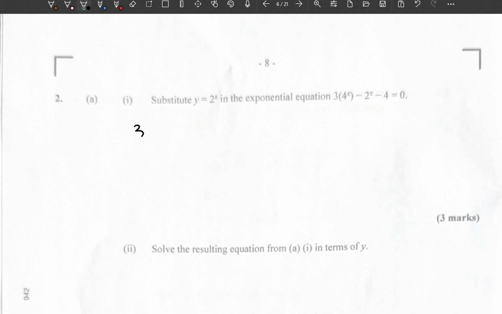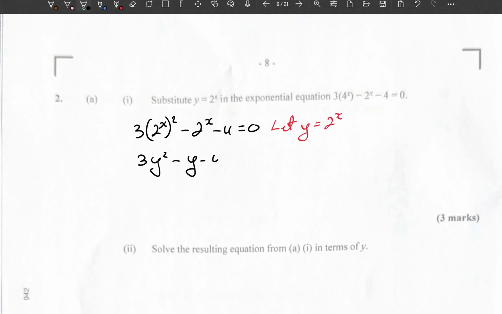So we're going to have 3 into 2 to the power x squared minus 2 to the power x minus 4 is equal to 0. We make our substitution, we let y equal to 2 to the power x. We then have 3y squared minus y minus 4 is equal to 0.